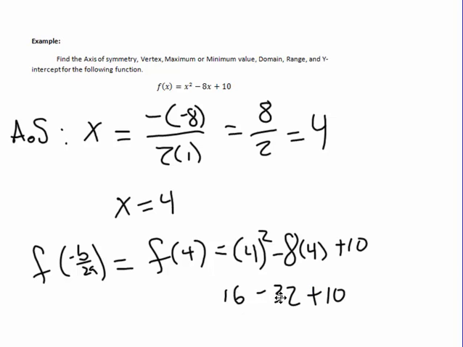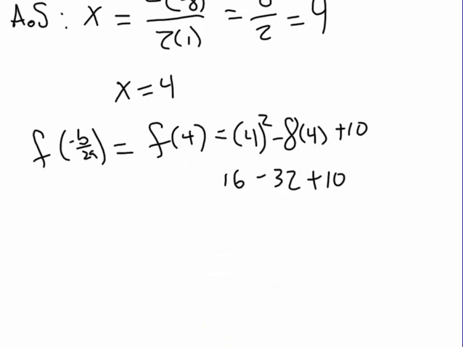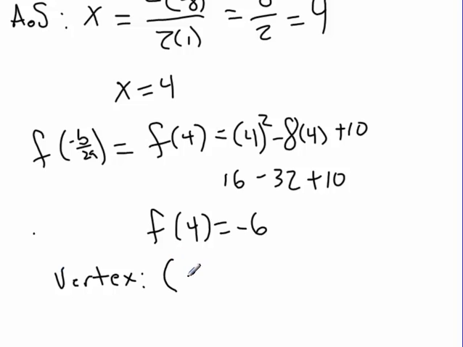So 16 minus 32 is negative 16, plus 10 is negative 6. So to clean this up, we say f of 4 is negative 6. So now I could say my vertex is the point 4, comma, negative 6.